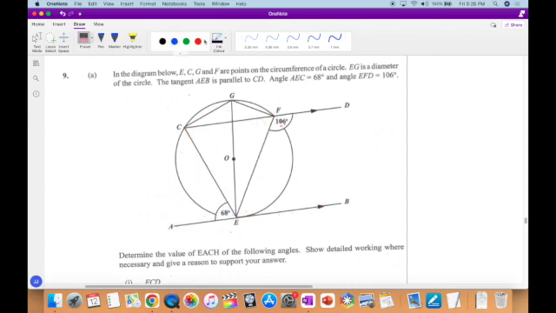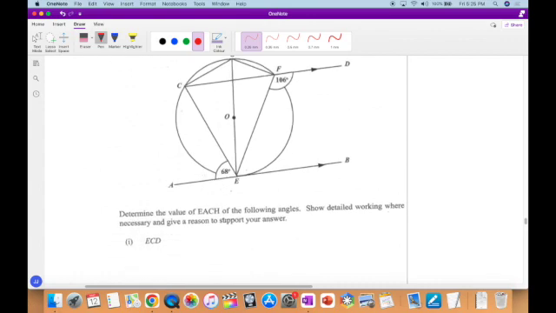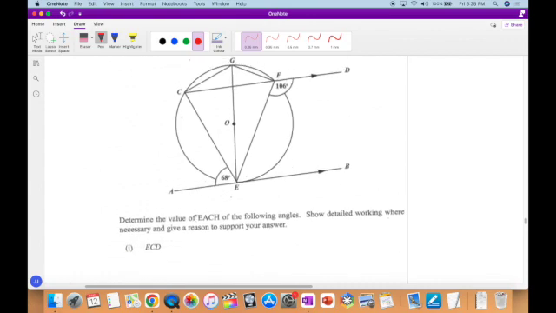So if you're looking at this question from the perspective of this straight line, this is supposed to be 74 degrees. But if you're looking at it from the perspective of the tangent, this is supposed to be 68 degrees. So CSEC themselves, the writer of this question, outright made an error with this here, right? So let's see if we could still work the question anyway, and that wouldn't affect us.